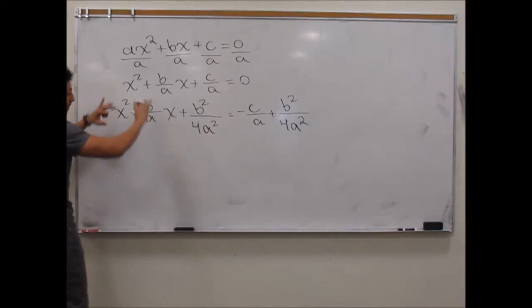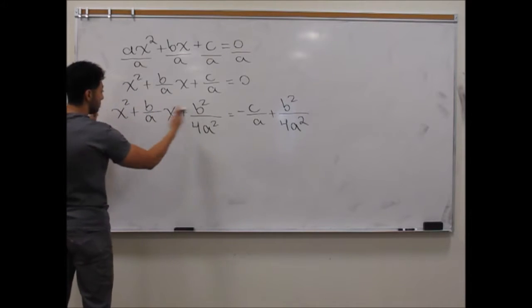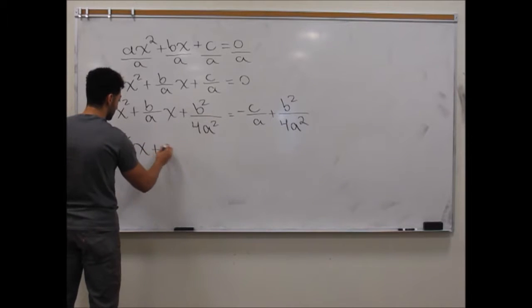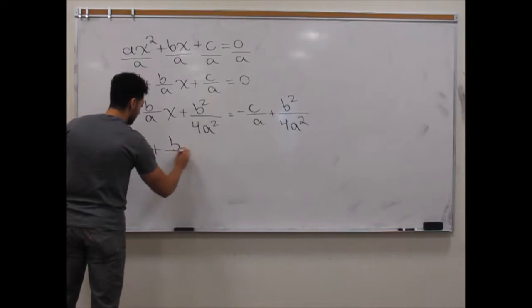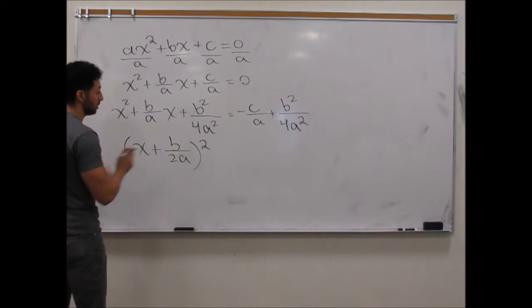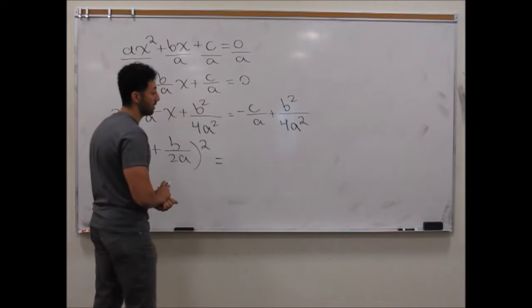Okay, so now whenever you complete the square, it factors nicely. So I'm going to factor this side. It's going to become x plus b over 2a squared. That's how that factors. And then on this side, let's get an LCD.